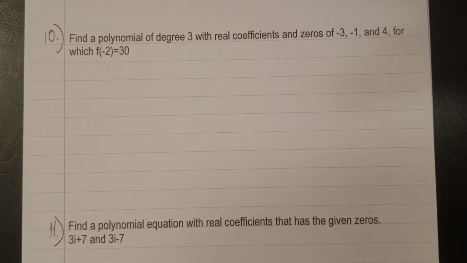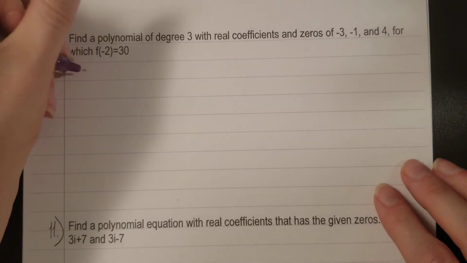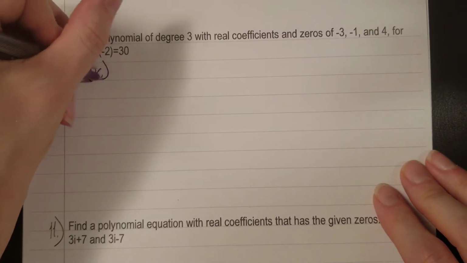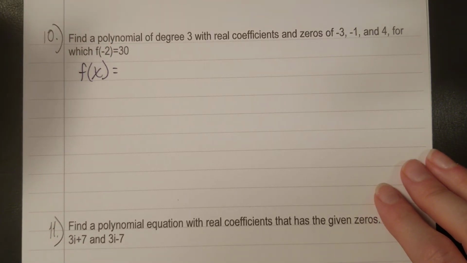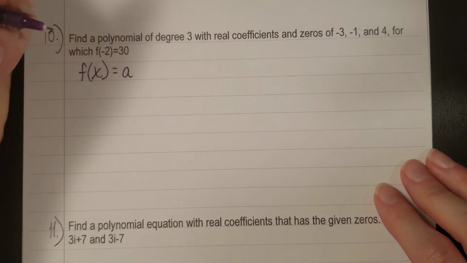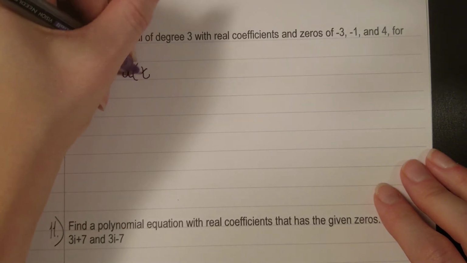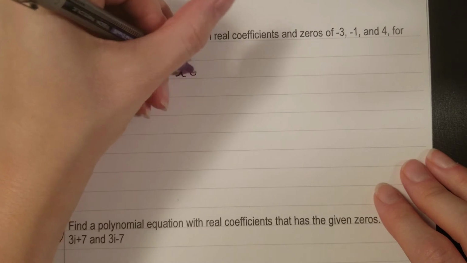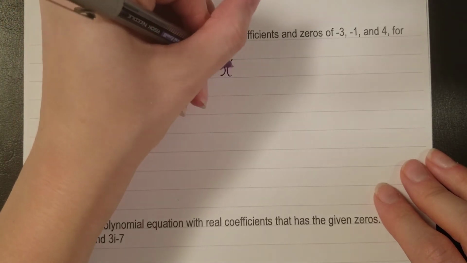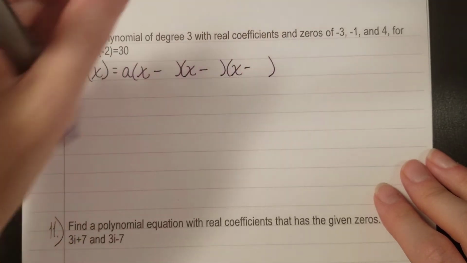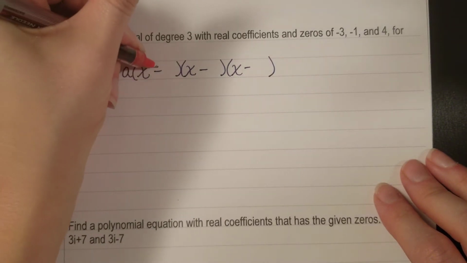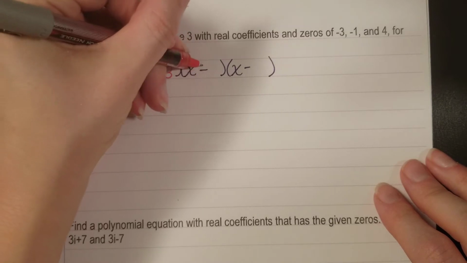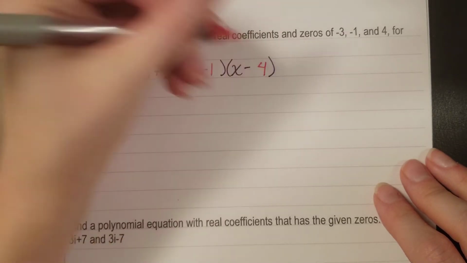So, all right, so it's going to be f of x equals, so we don't know what the leading coefficient is yet. So I'm going to put a for the leading coefficient. And we've got these 3 zeros. So that's going to be x plus 3, x plus 1, and x minus 4.